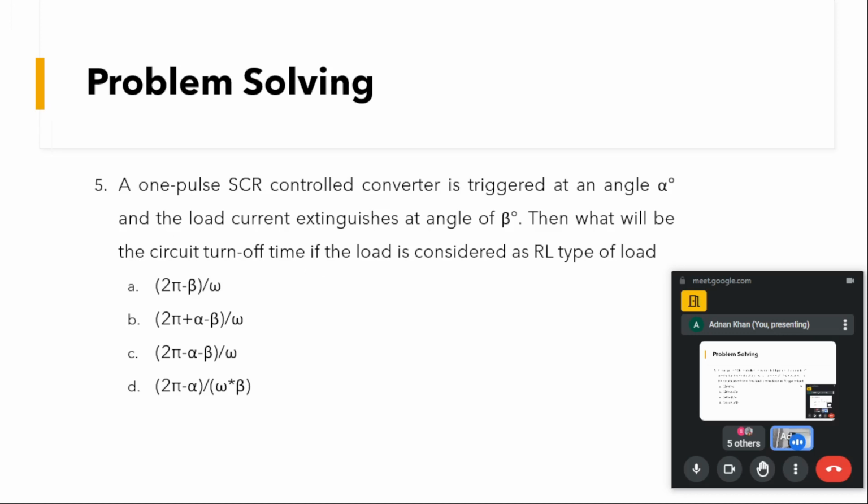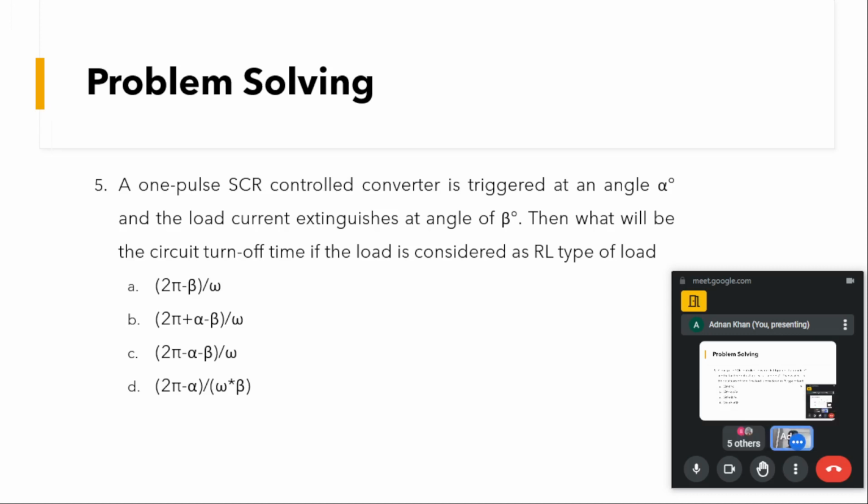Some options are given here. There are different options from different students. Let us go into the detail of this question.